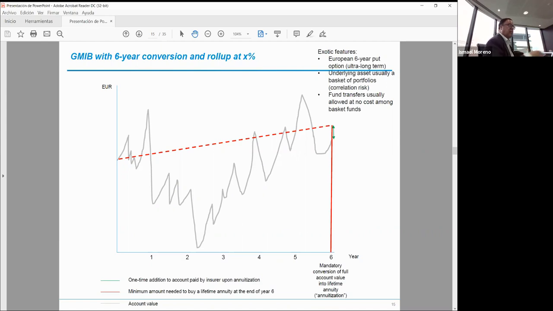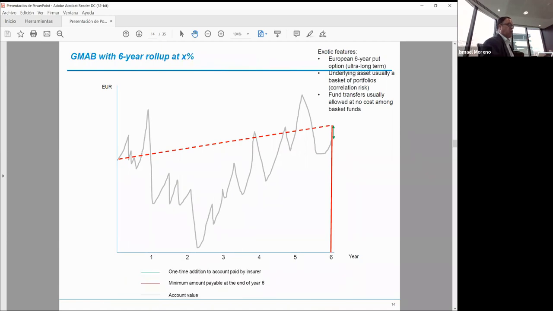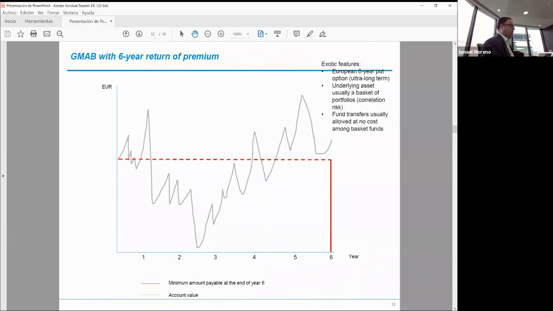decumulation phase. So in that case, imagine as compared to a GMAB where we saw that the fund value was slightly above the minimum guaranteed amount.